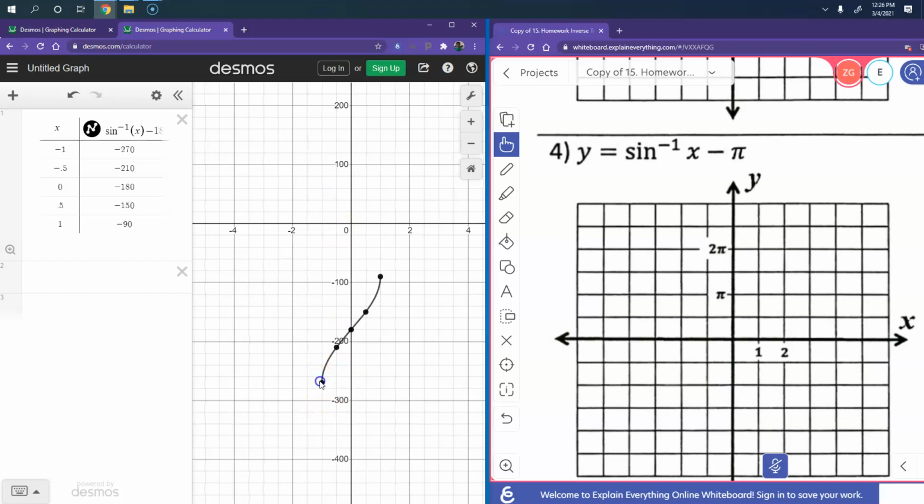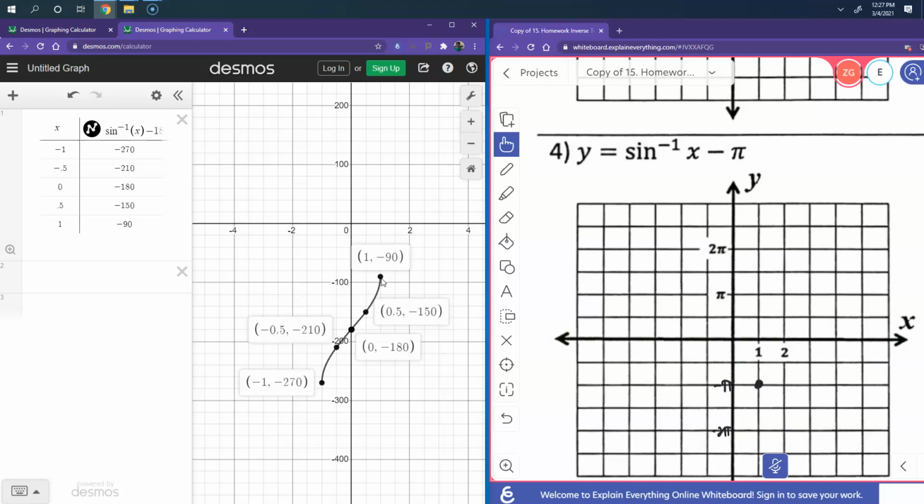It does shift. So at this point, it's -270. -0.5 is 210. And 0 at -180. And then 0.5 at -150. And at 1, -90. So I know 1 is going to be -90. And once again, this will be negative pi. This is -2 pi. So I know that at 1, it's -90.